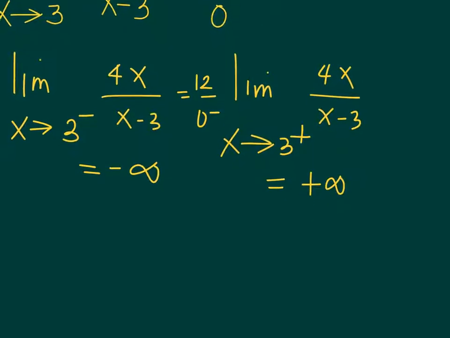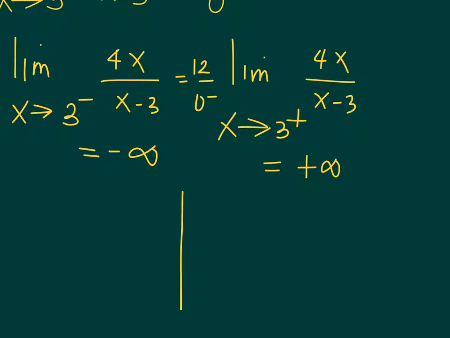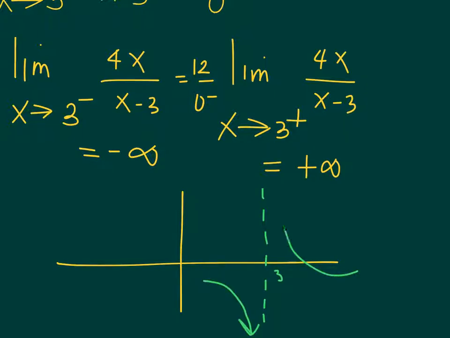So what is happening in the graph? The possible discontinuity is at 3. At 3, there is actually a vertical asymptote. We don't need to know the exact graph. From the left, we know that it's going to negative infinity, and from the right it's going to positive infinity.